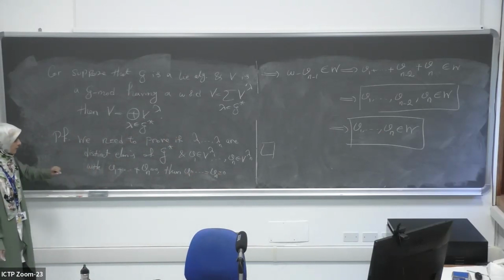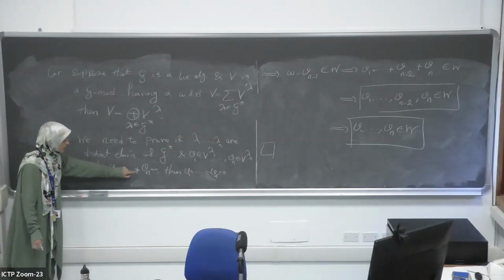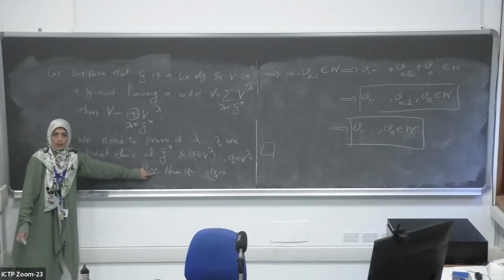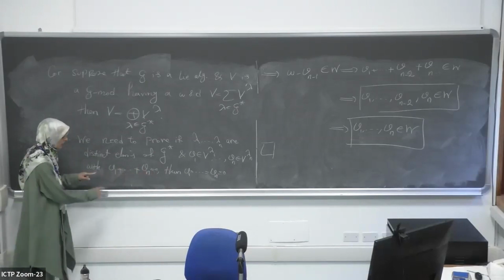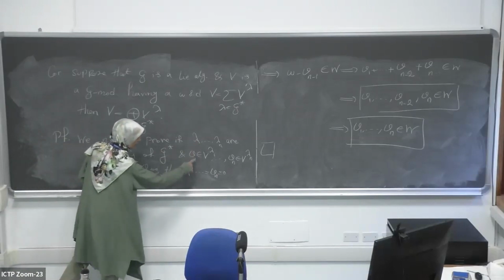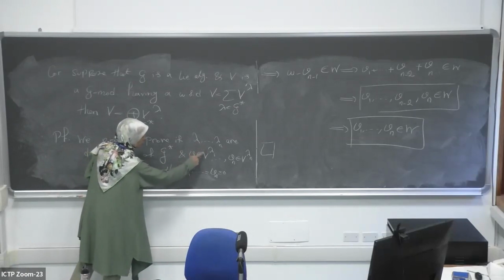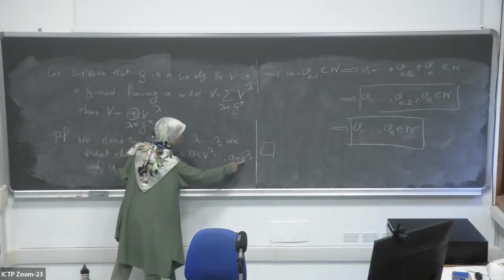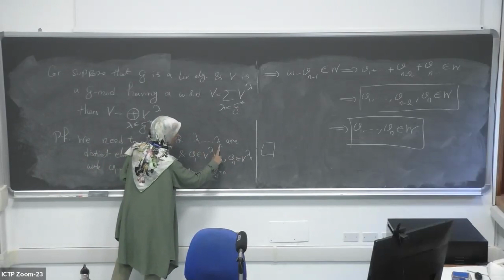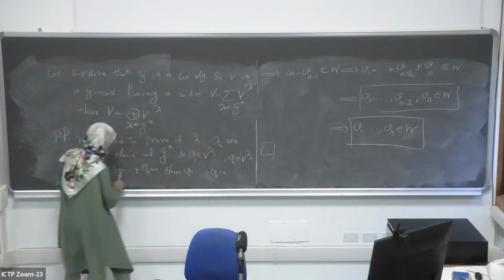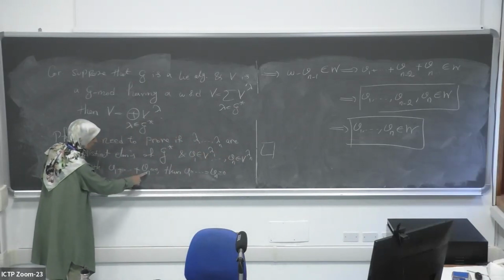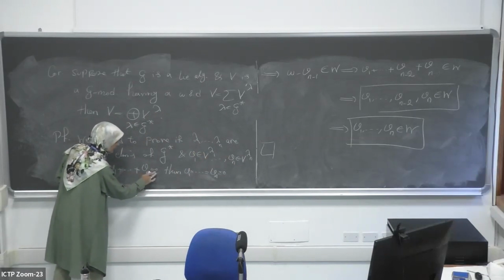But if we say that V1 plus up to Vn equals 0, it means that we have elements V1 belonging to V lambda 1, up to Vn belonging to V lambda n, where lambda 1 up to lambda n are distinct, and V1 plus up to Vn is 0.